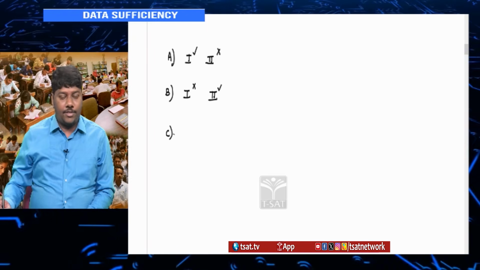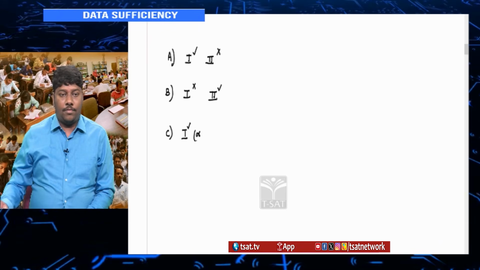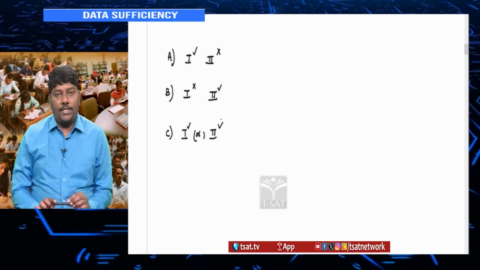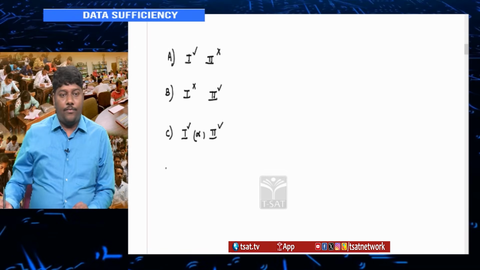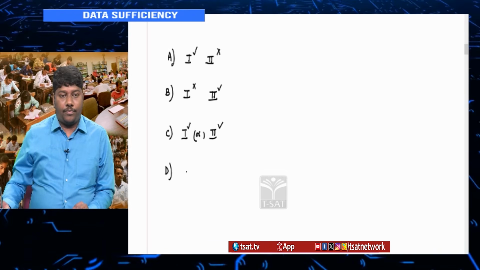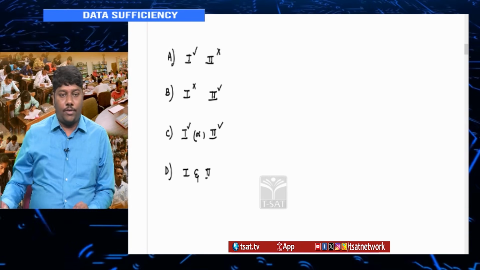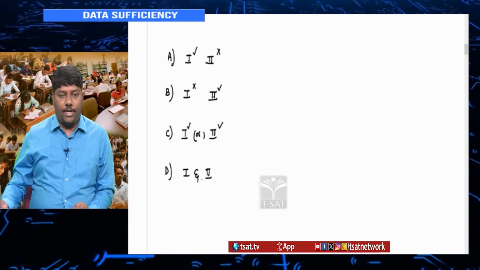We say option C, when 1 is sufficient or 2, individually both. You can answer by using 1, or else you can also answer by using 2. We say D, if 1 and 2 both are required to answer the question. It is 'and', not 'or', which means you need both. Individually it is not sufficient.